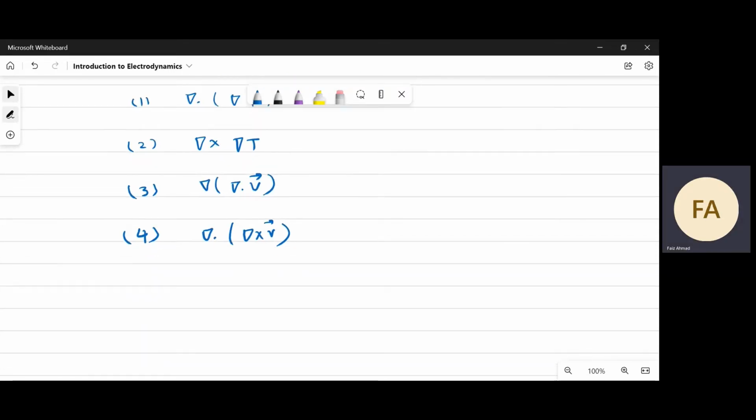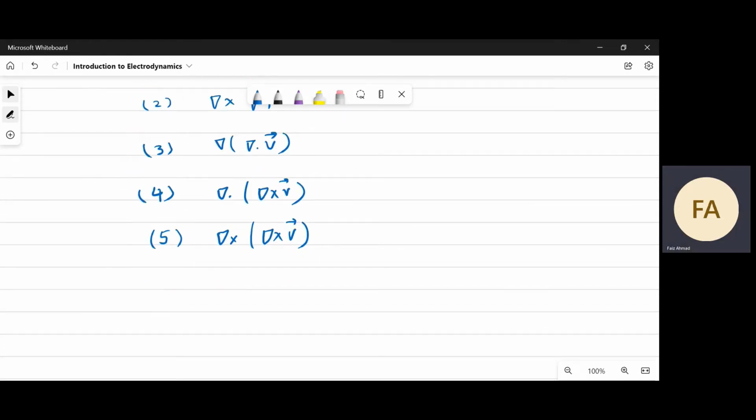And the fifth one is curl of curl. So we have to work out the possibilities of these second derivatives.